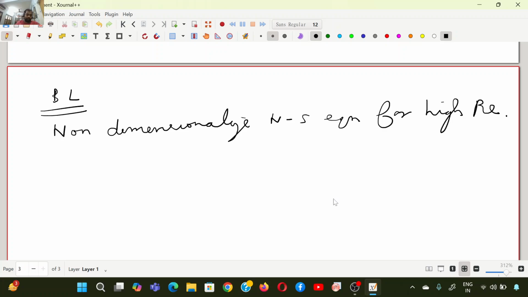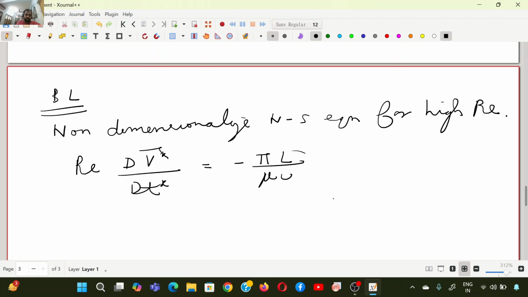See whether this equation you got from the previous class: Reynolds number times the substantial derivative of velocity, dv star by dt star. Our pressure scaling was this, right? Plus del star squared v star. This is of order 1.